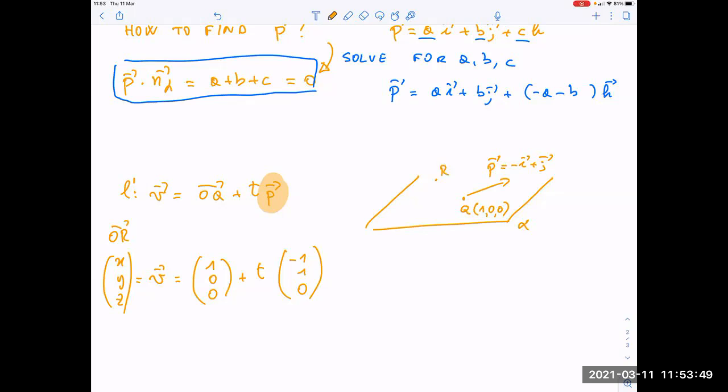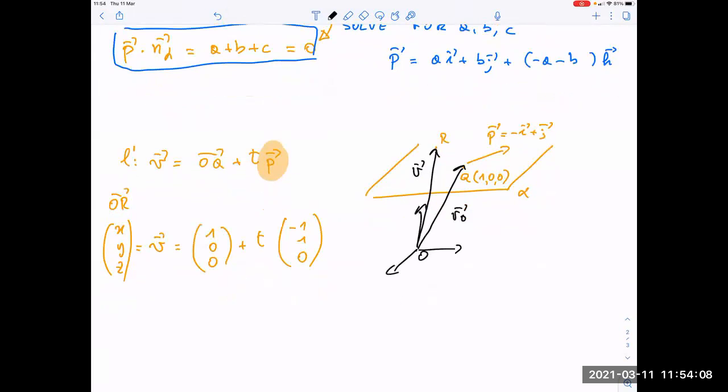Okay, so we have always our situation in which somewhere I have the coordinate system. And remember, this is what we often call vector v0 or OQ. And this is what we call vector v, or in this case, vector OR.